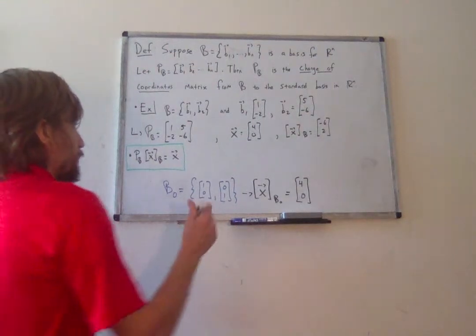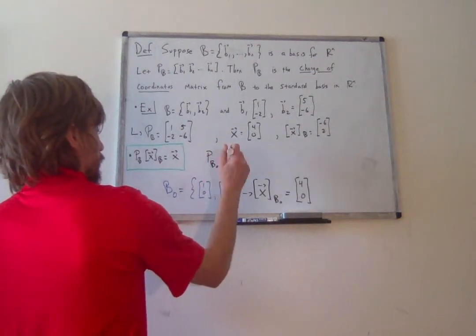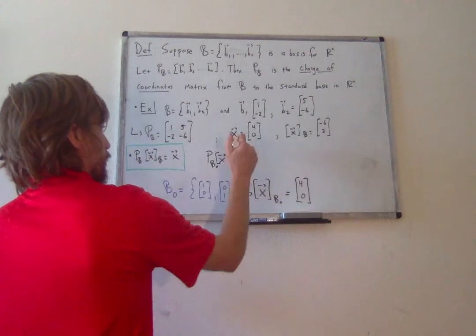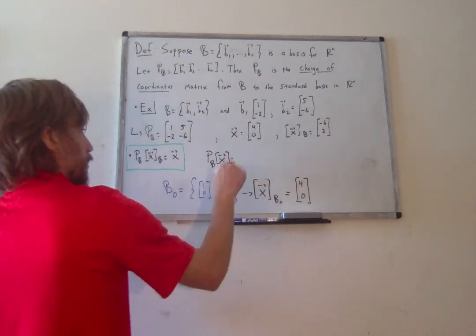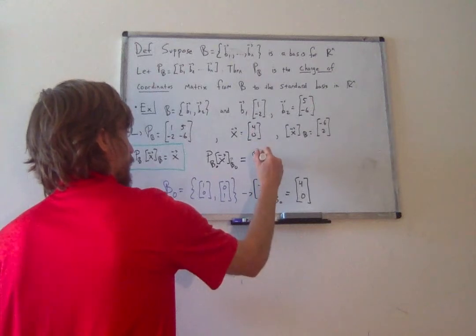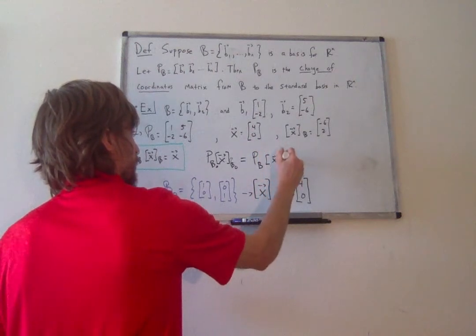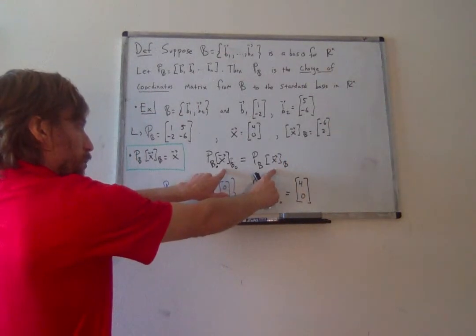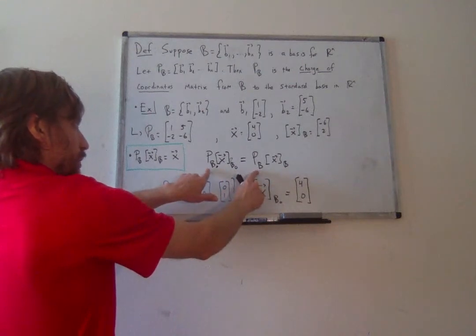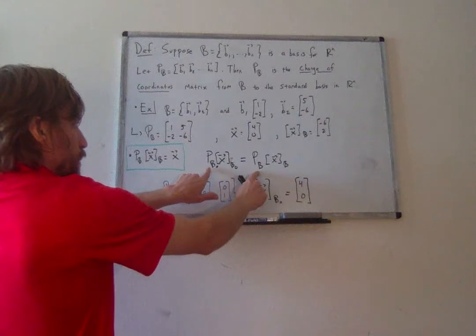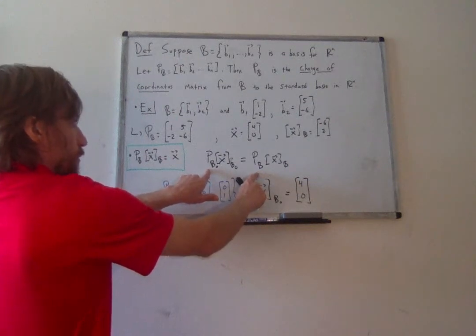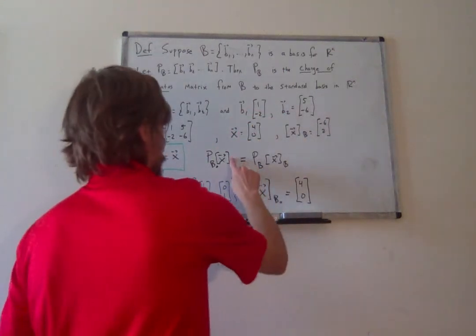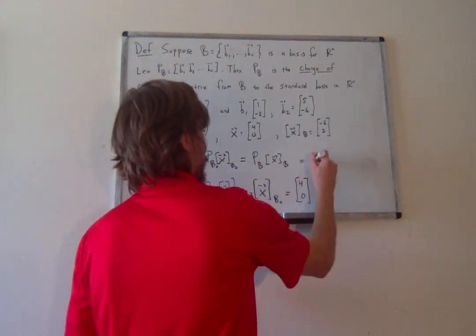That is, P sub B0, which is just the identity matrix, times the B sub 0 representation of x is equal to P sub B times the B representation of x, right? Each of these is just a different basis representation of the same vector, and the change of coordinates matrix here, P sub B and maybe even P sub B0, gives us what that vector is in the standard basis. And so ultimately this is equal to x.